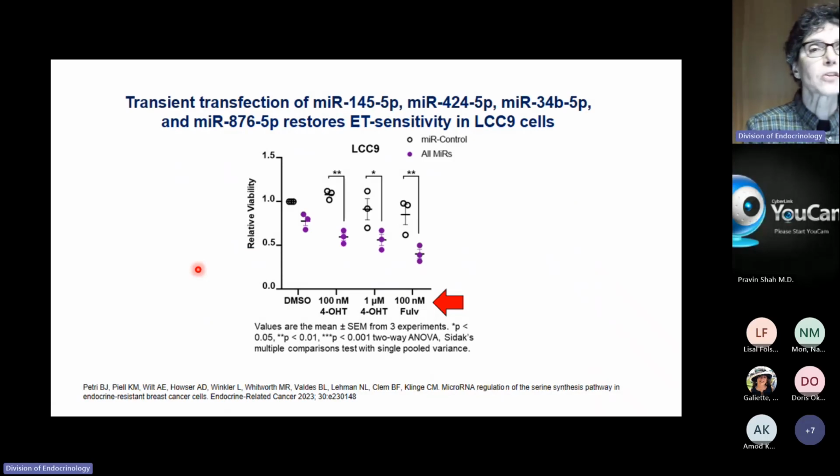And then she also transfected all 4 microRNAs together into LCC9 cells and performed an MTT assay, as we had seen before, where DMSO is our vehicle control, and then 2 different concentrations of 4-hydroxytamoxifen and 100 nanomolar fulvestrant, to determine whether transfection of these microRNAs that target PHGDH and PSAT1 would increase endocrine therapy sensitivity, and the answer is yes.